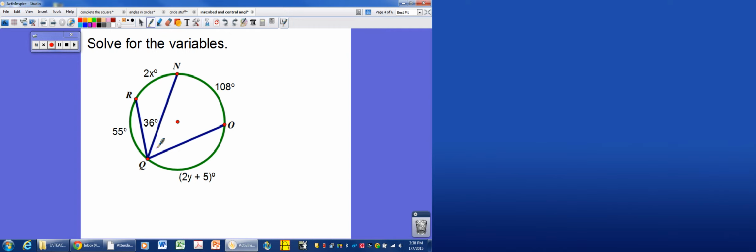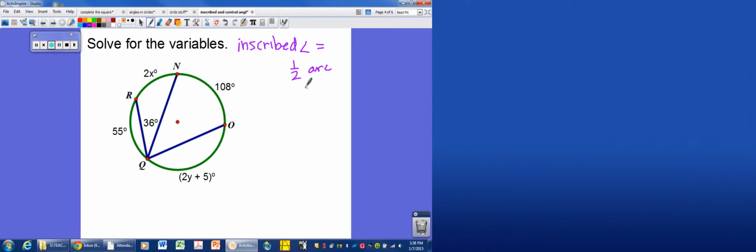Okay, here we notice these are all inscribed angles. They are all happening on the circle. This is an inscribed angle, this is an inscribed angle. All of these things are arcs. So remember, the inscribed angle is equal to half of the arc that it intercepts.